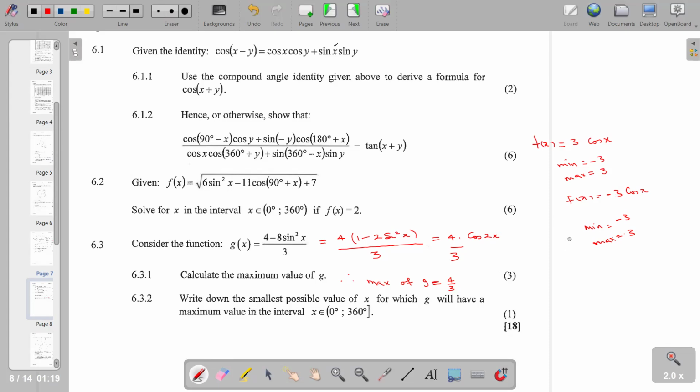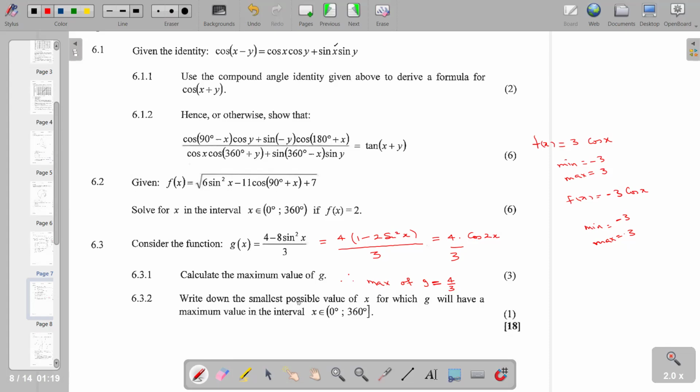Then the next question is saying, write down the smallest value of x. Write down the smallest possible value of x for which G will have a maximum value in the interval from 0 to 36.